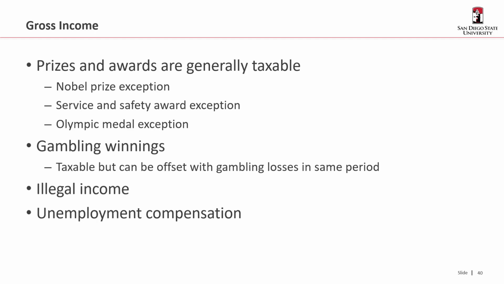Prizes and awards. These are generally taxable. There is an exception for the Nobel Prize as long as you give it to a charitable organization and you do it before and no services are required to be provided. There's small exceptions for service and safety awards.